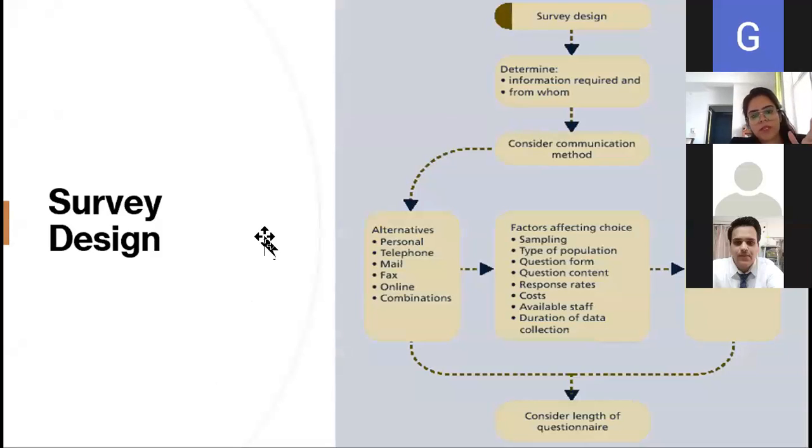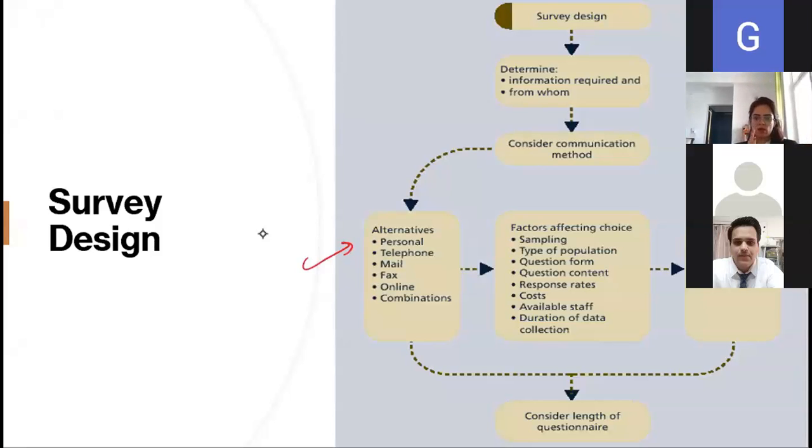So what is survey design? Survey design is what information is required and from whom you are going to take that information. And there are several communication methods. The interview can be personal, telephonic, through mails, through fax, online, or a combination. There are various factors affecting choice.